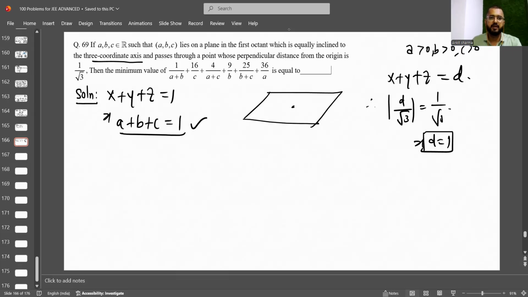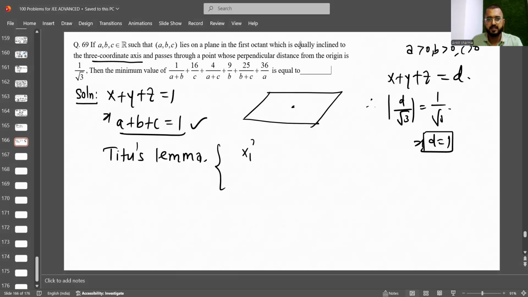Now I want the minimum value of this expression. To get the minimum value, you can try other inequalities if possible, and if not, you can try Titu's lemma. So what is Titu's lemma, by the way?